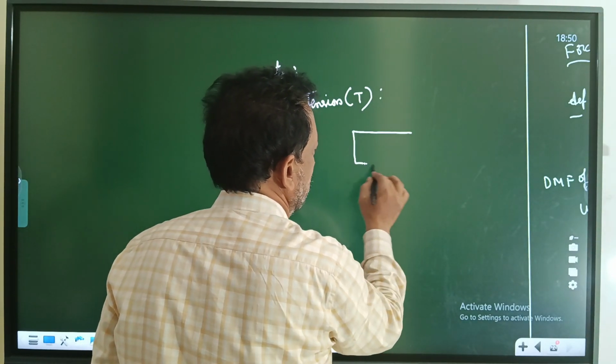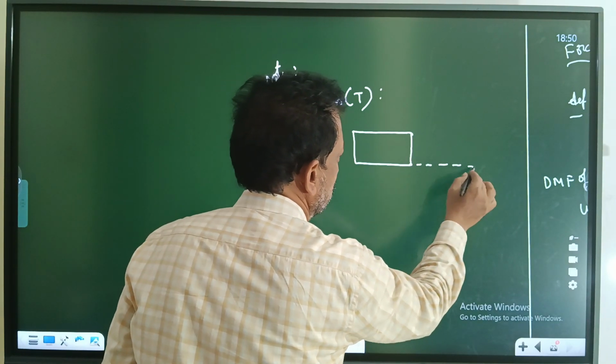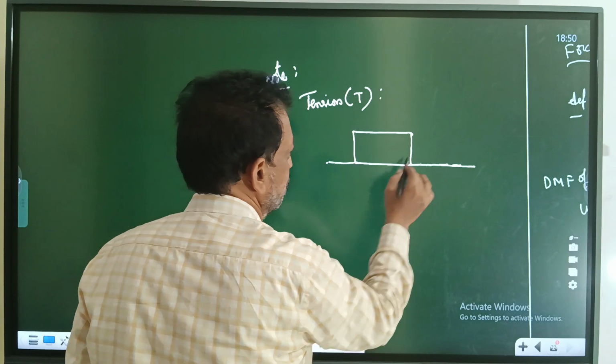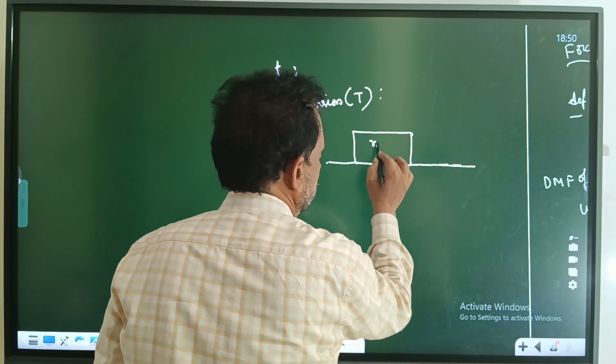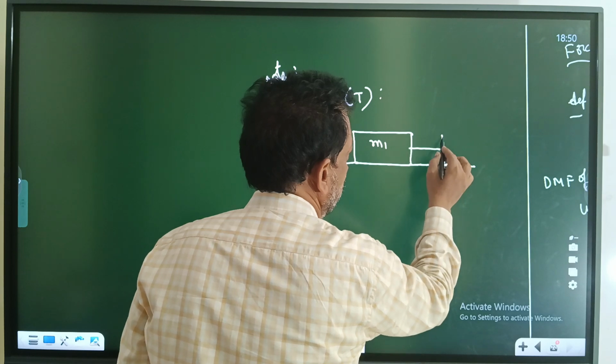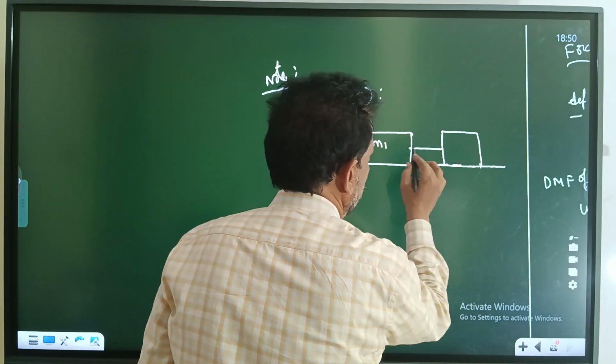When two masses are connected with a string and force is applied: this is one mass M1, another mass M2, connected by a string.